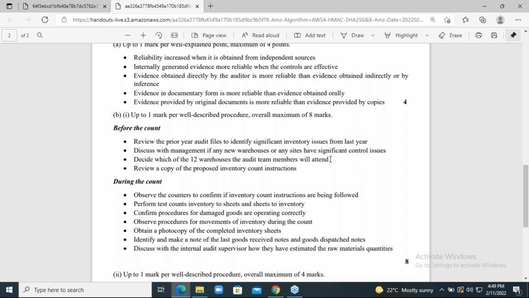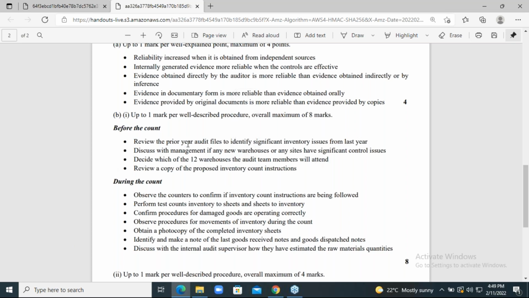This was a generic procedure where you were asked to contact, obtain the list and confirm which warehouses you should visit. Now, you know that 12 locations are mentioned in the data, so you will write the words 12 warehouses. So this generic procedure will be converted into a specific procedure.